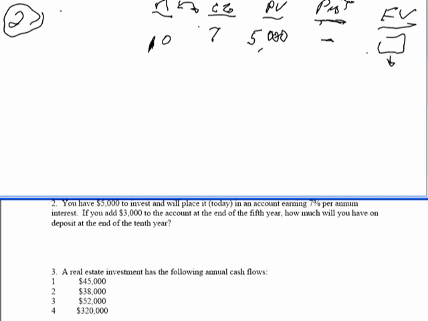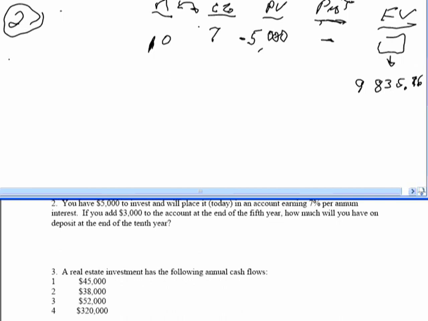And you compute future value, and you should get, I'm going to enter negative 5,000, I'm sorry, because it's money we're putting into the account out of our pocket. And then at the end of 10 years, we'll have $9,835.76.